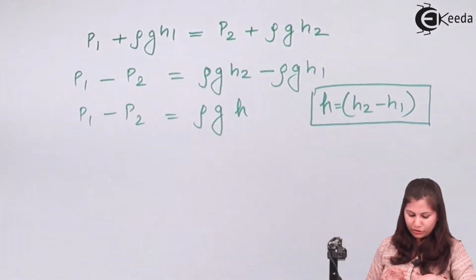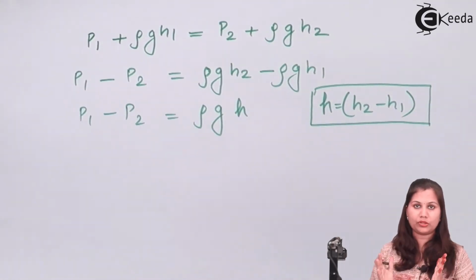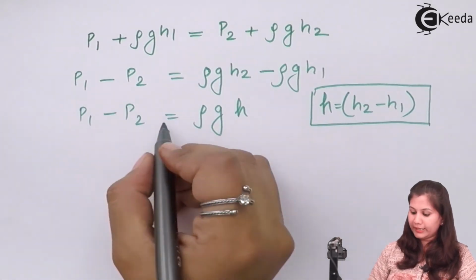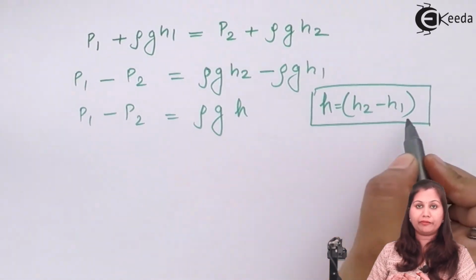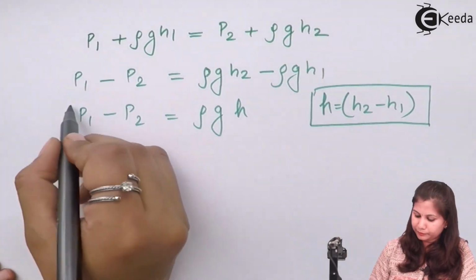So from this equation you can see that the difference in the pressure in the two limbs of the manometer is proportional to the difference in the height of the liquids in the two columns.